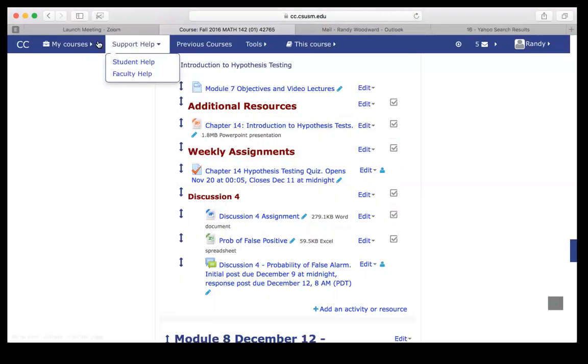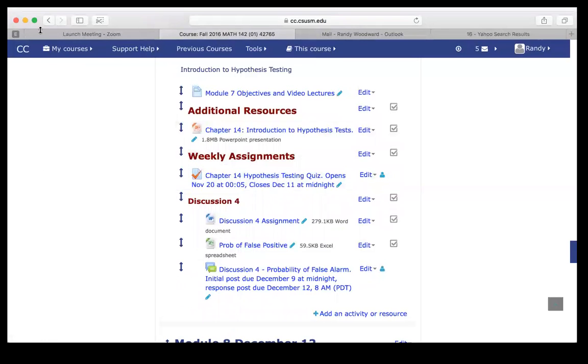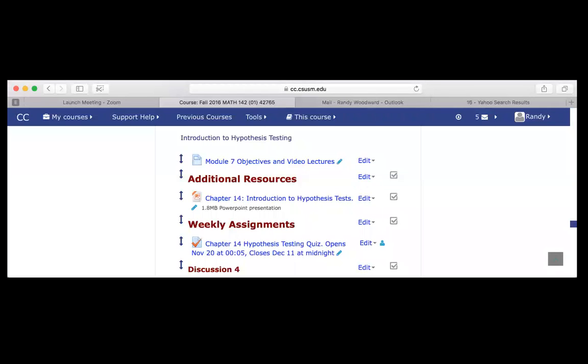All right, let me get rid of some of these other things that I have going on on my screen. The screen seems to be inundated with stuff.